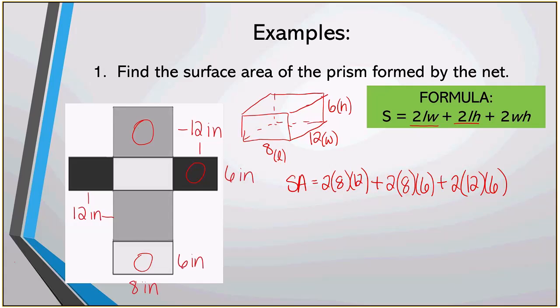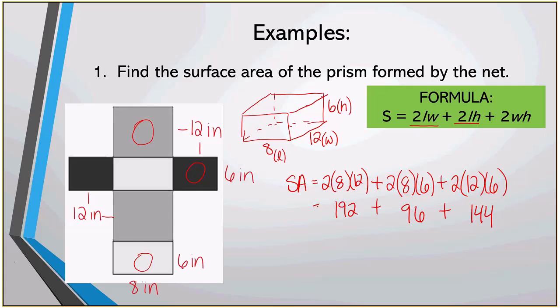So in my calculator, 2 times 8 times 12, that's 192, right? Yeah, 192. 2 times 8 times 6 is 96. And 2 times 12 times 6 is 144.